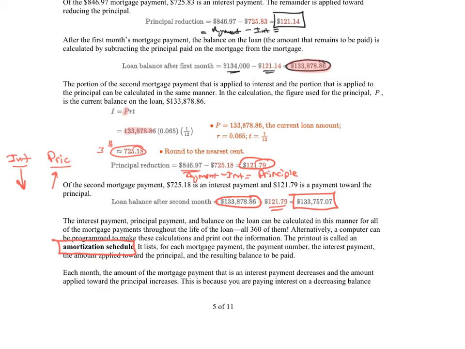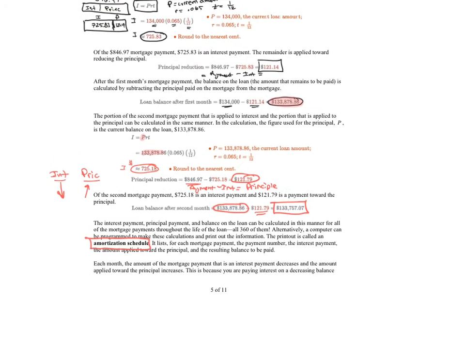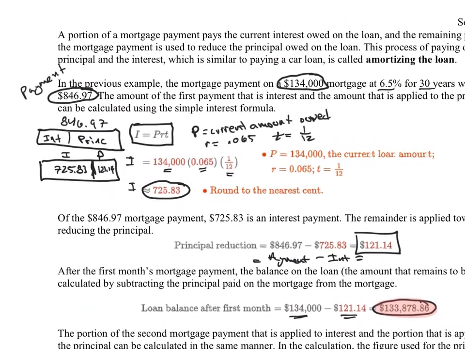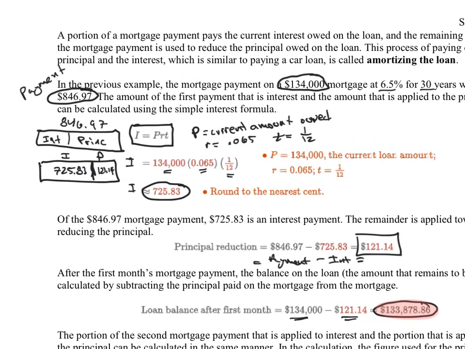But let's take a step back so I can give you some advice when you're making a payment. This person made an approximately $850 payment, of which $725.83 went straight towards interest. What would have happened if this person made a $1,000 payment? That extra approximately $150 would have gone straight towards principal.